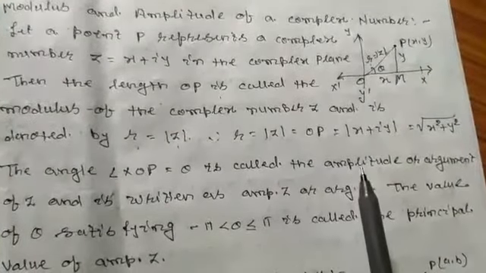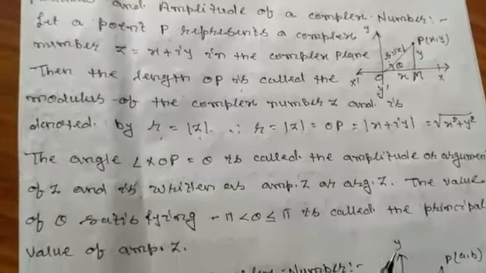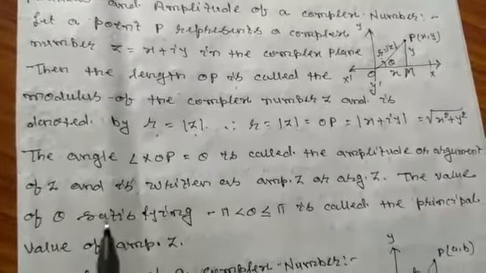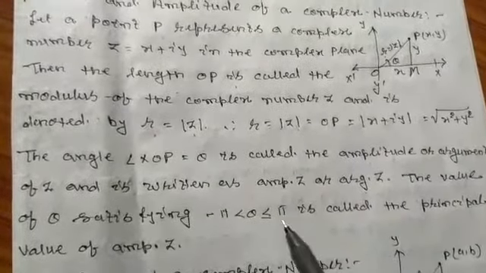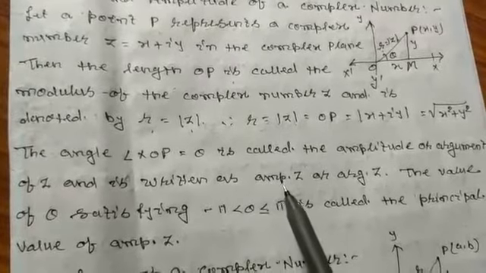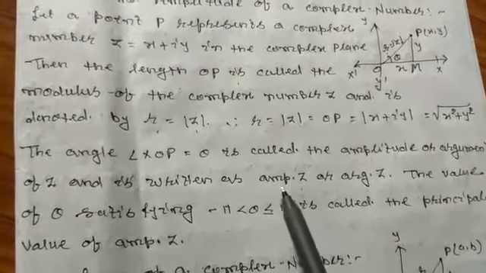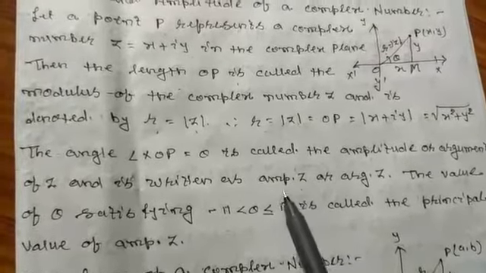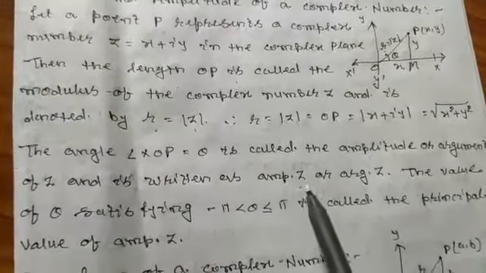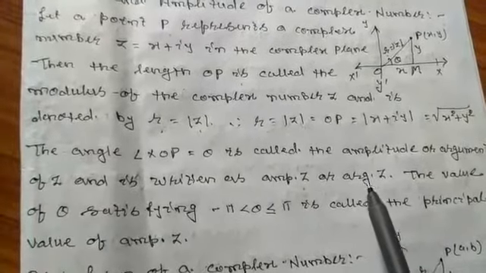The angle theta is called the amplitude or argument of z and is written as amp z, which we read as amplitude of z, or arg z, argument of z.